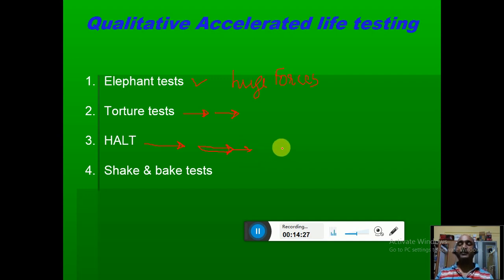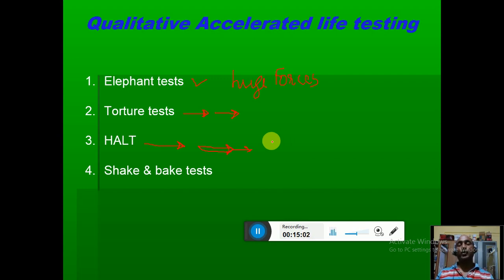For example, if the atmosphere is comfortable for the component and the expected life is 1 year, if you put double stress, the life will be 6 months. And if you put triple stress, then life will be 4 months, like that. So if you apply 12 times the stress, the component is going to fail in 1 month. So that is the benefit of such kind of tests.